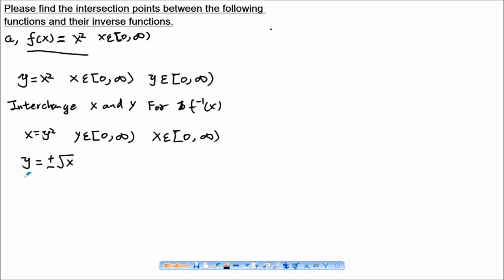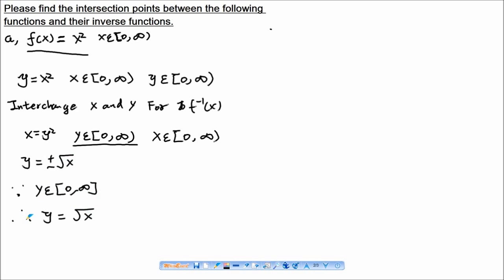I have two functions, but because of the range, I can only have y equals positive square root of x, simply because minus square root of x would have a different range.